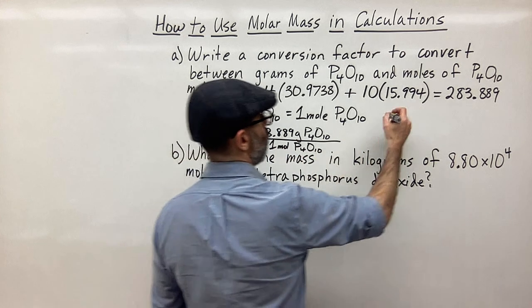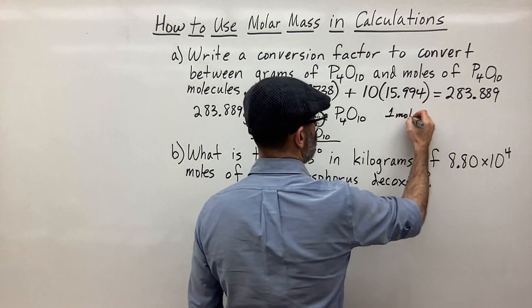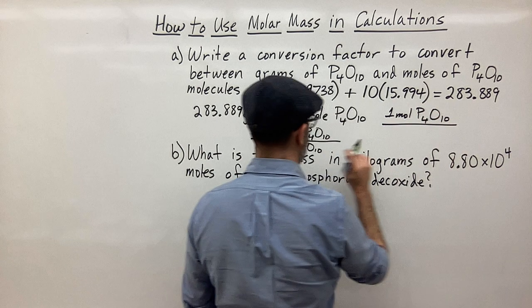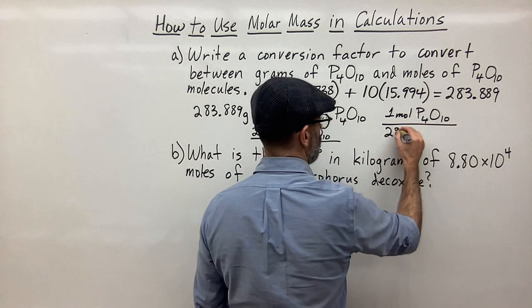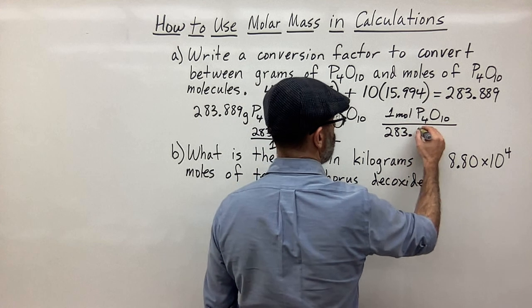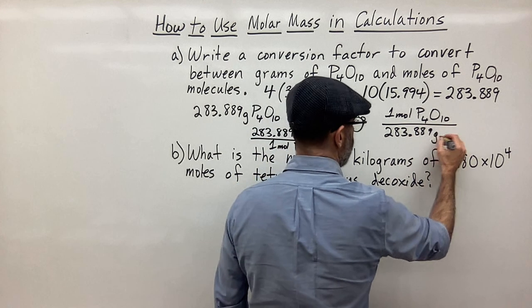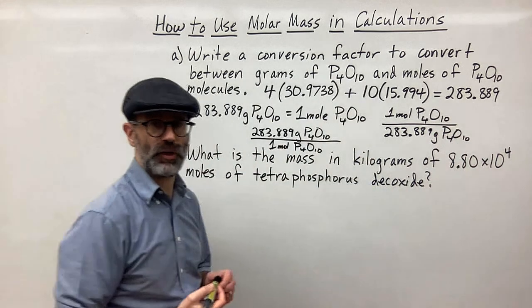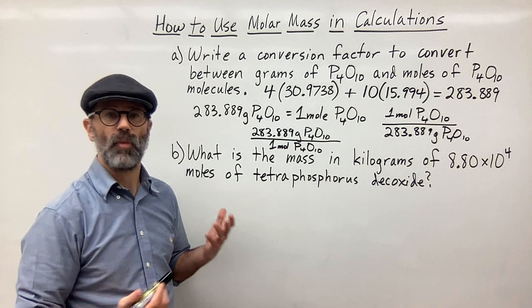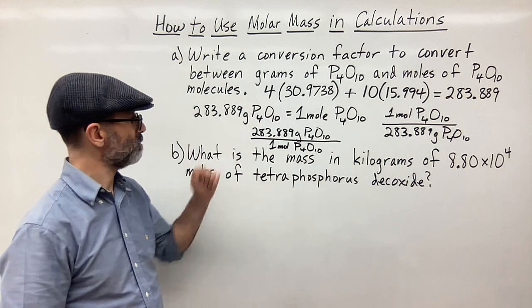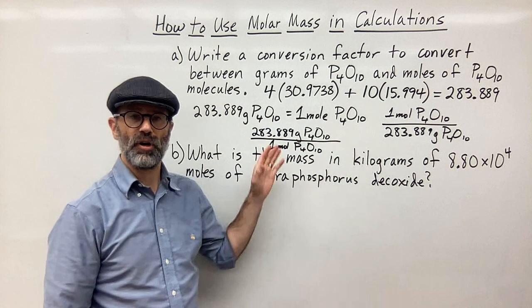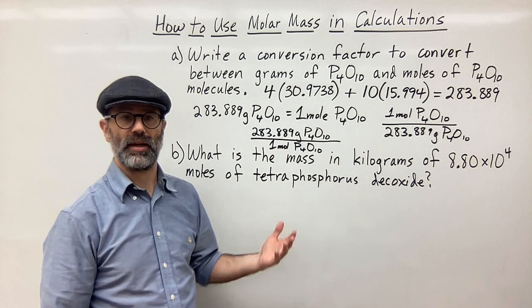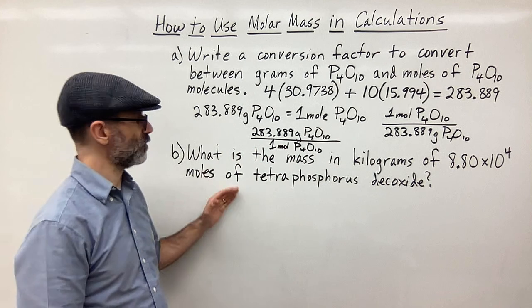So I can put 1 mole of P4O10 on top, and then put the 283.889 grams of P4O10 on the bottom. So there's 2 possible conversion factors for any molar mass you calculate. So now that I have the conversion factor, now that I have the molar mass, the grams per mole of this substance, now I can answer the second question.